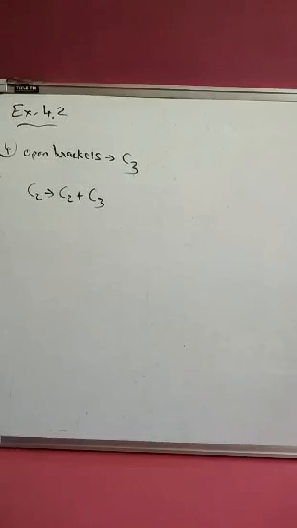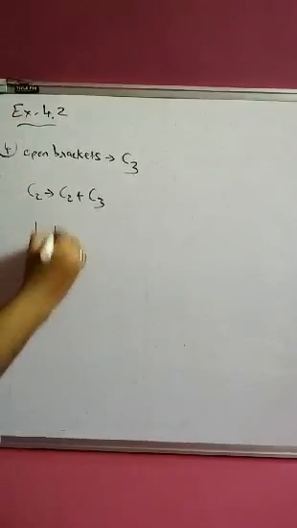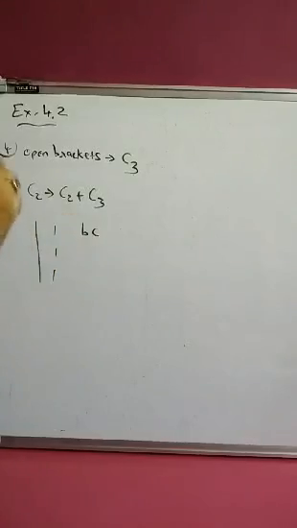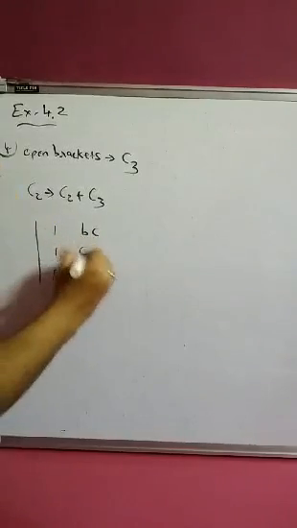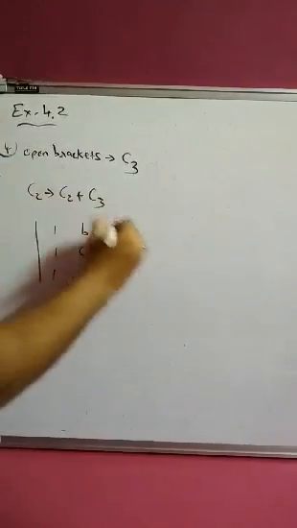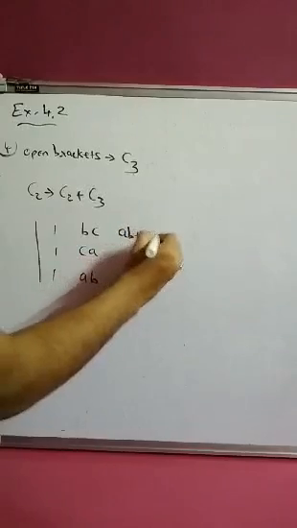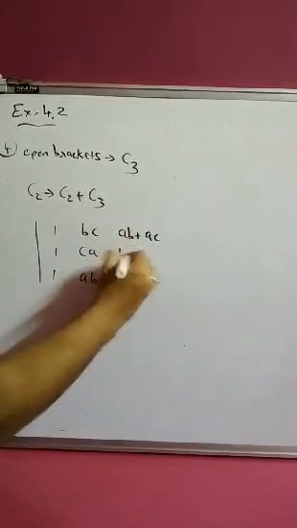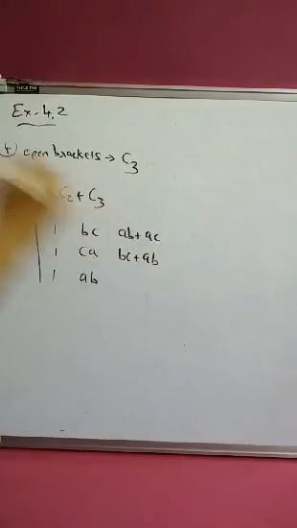See, your determinant is given, right? I will just explain, you do it on your own, so it will be easy for you. The first column is 1 1 1, then BC, CA, AB. I am just expanding that bracket, okay? AB plus AC, BC plus AB, CA plus CB.